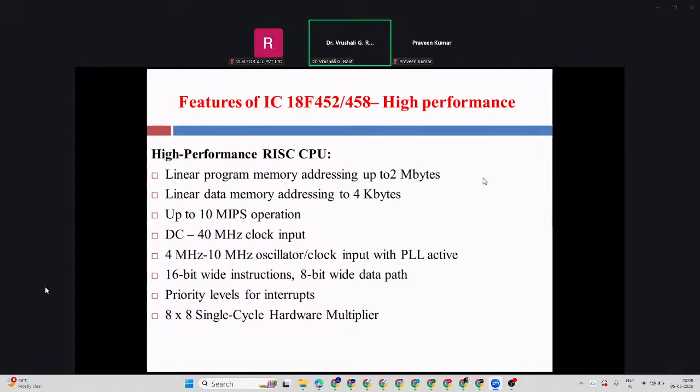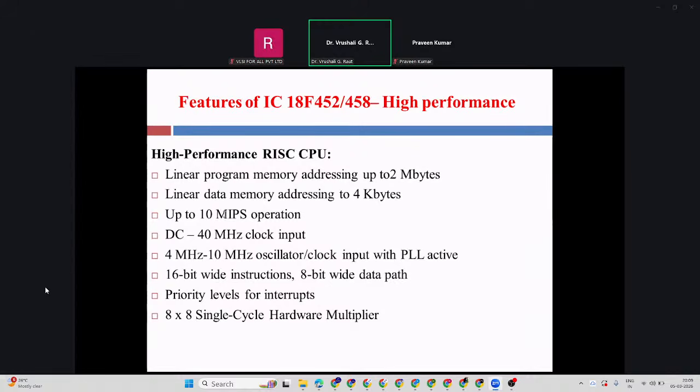More is the program memory, obviously, bigger program you can save there and deal with that bigger program. Linear data memory addressing up to 4 kilobyte. 2 megabyte is the program memory, and how much data can it address? 4 kilobyte of data it is addressing. So both ways performance becomes more.